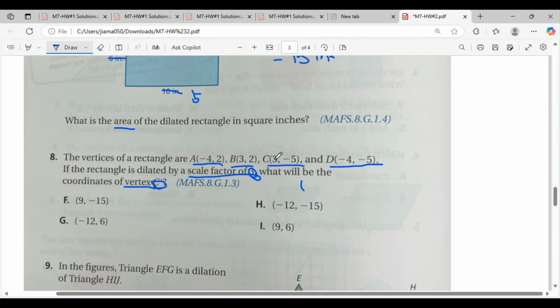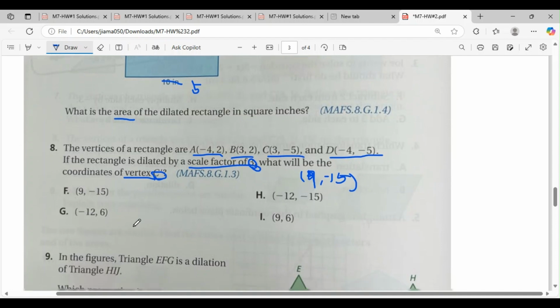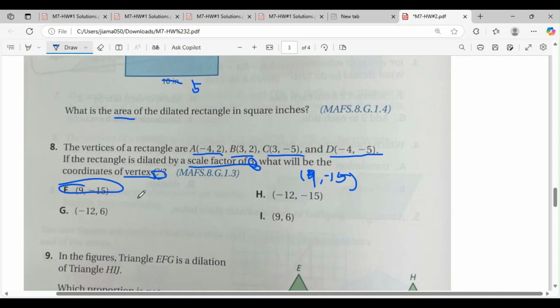So 3 times 3 is 9. -5 times 3 is -15. So F is our answer.